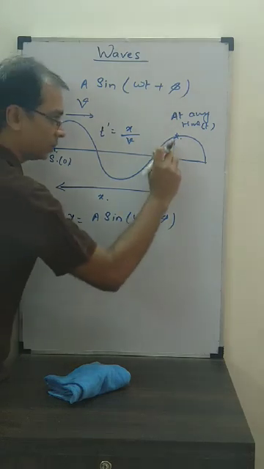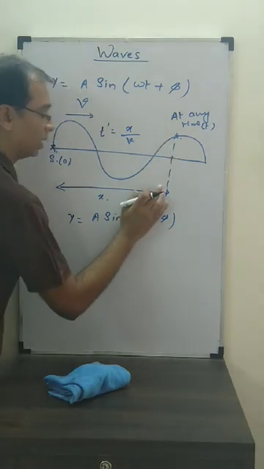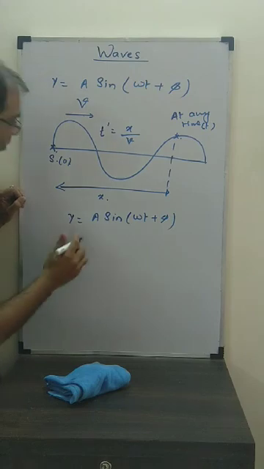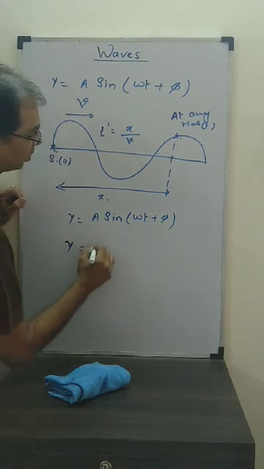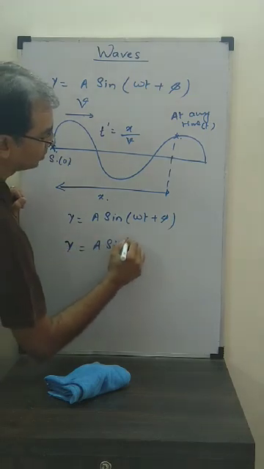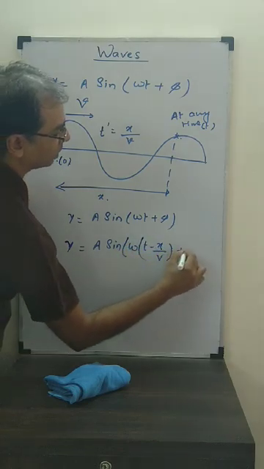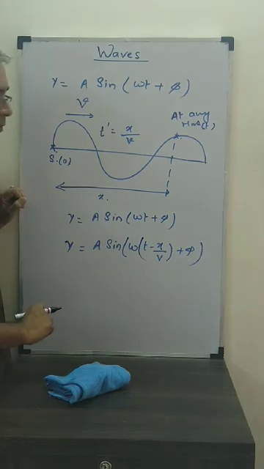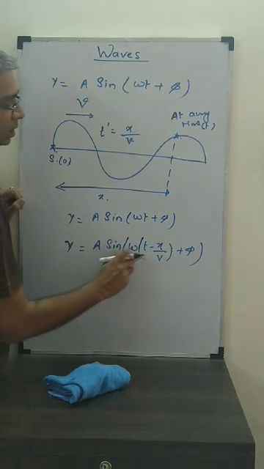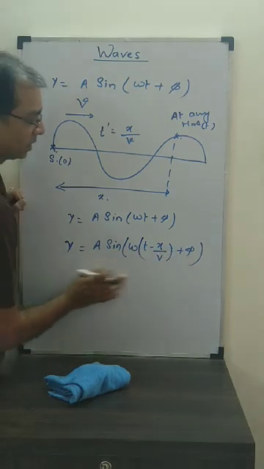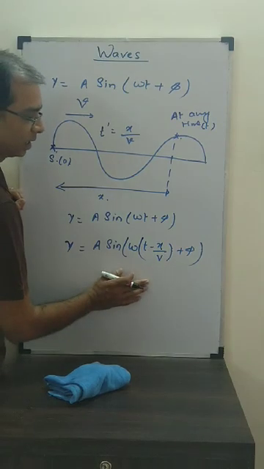So if this particle's equation is this, then what will this particle's equation be? We will say this particle's equation will be A sine omega times t minus x by v, plus phi. Now see this equation. Does it have x as well as t?